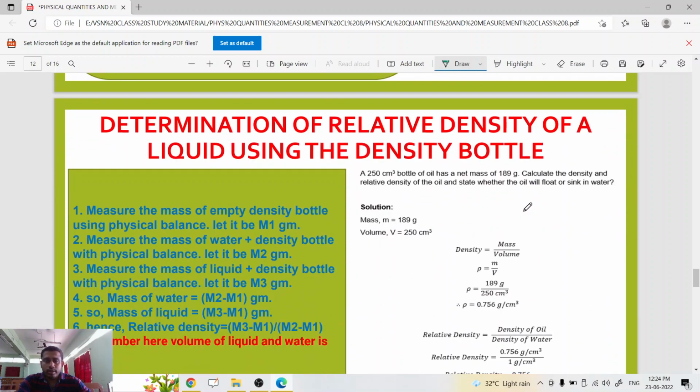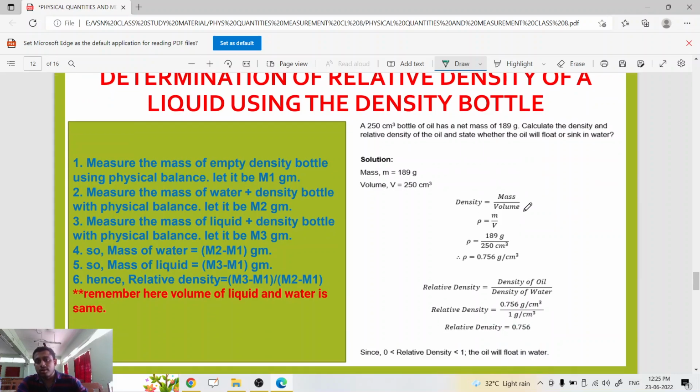Now we move to our next part, the determination of the relative density of a liquid using the density bottle. At first we find the density of a liquid using the density bottle. Now we have to find the relative density of a liquid with the help of the density bottle. First we find the mass of the empty density bottle with a physical balance, say m1 gram.